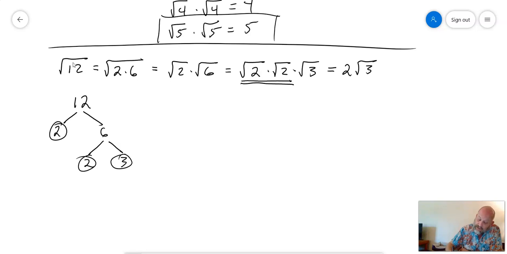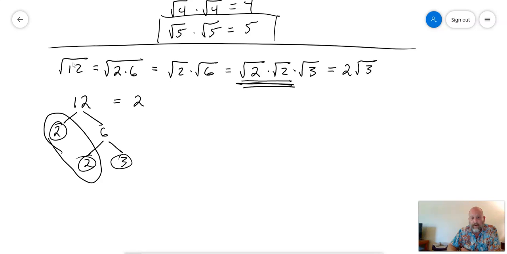And so just like over here when we looked for a pair of roots, you notice these are the exact same numbers. And so if I just pair things up here right now, I can skip that root step. So I have a pair of 2's here, and I know what that really represents is root 2 times root 2. And so that pair of 2's comes out as a 2.